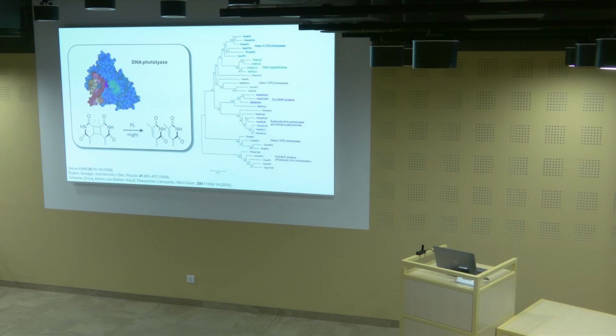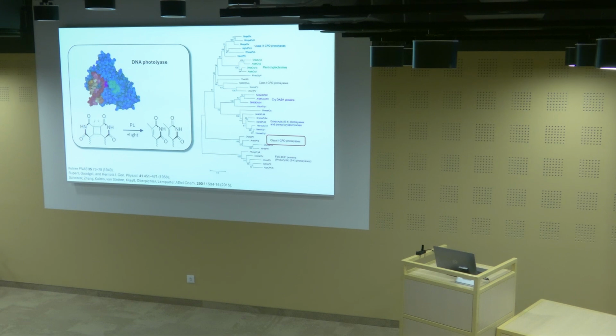And so this is just to say basically that we focused our studies, and today I'm going to tell you about a particular one of these photolyases. It's a CPD photolyase, so it repairs these four-membered rings that I showed on the previous slide, or like you can see here actually. There are other photolyases that are specific for those 6,4 lesions that I showed. So I'm not going to talk about one of those.